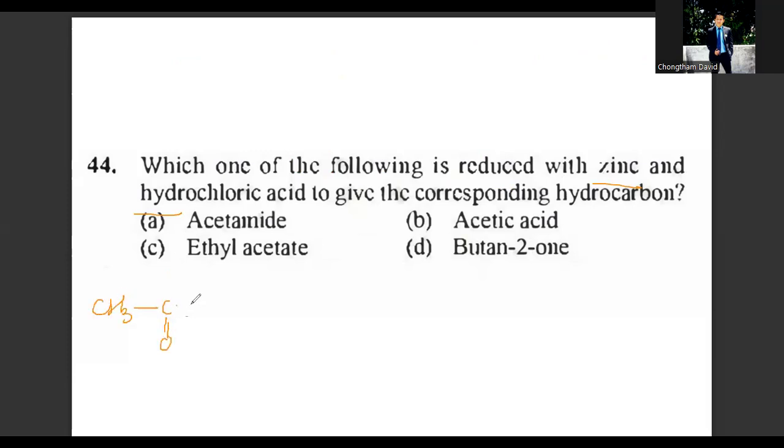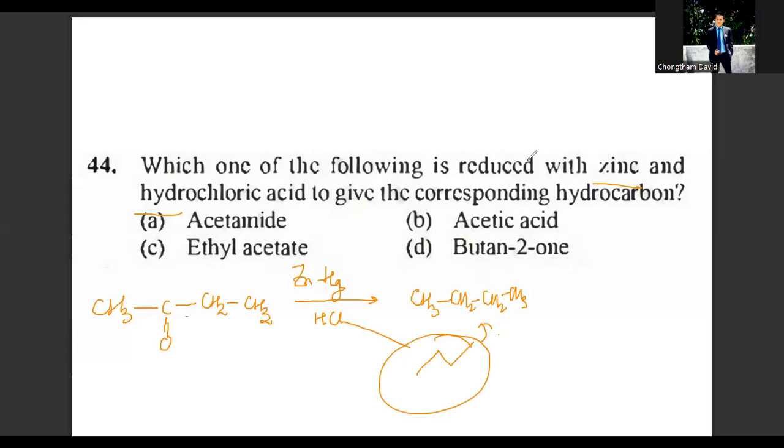And according to it, ketone, namely butanone, butan-2-one, when made to react with zinc amalgam in the presence of HCl, Clemmensen reduction takes place and you will form alkane. In bond line notation also you can write, okay, this must be the formula of butane. So the starting material is butanone. This must be the answer.